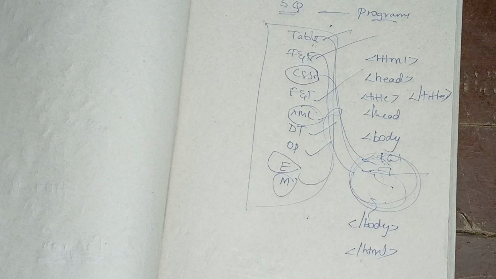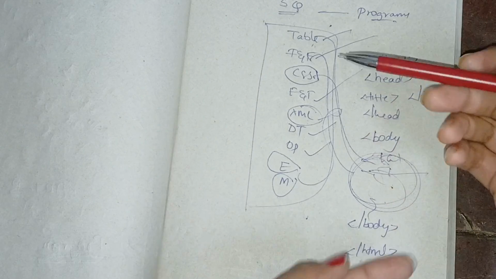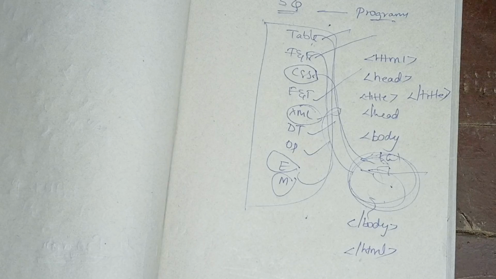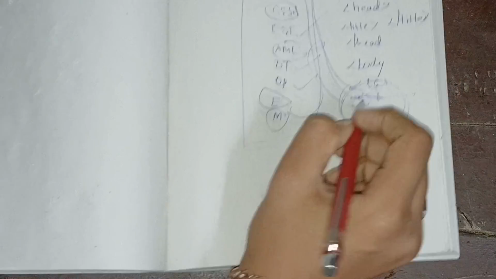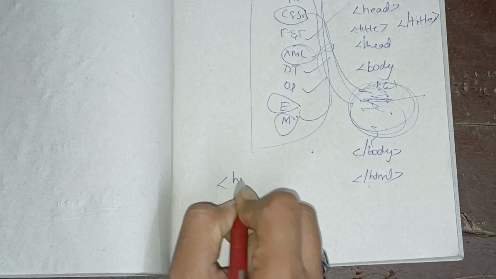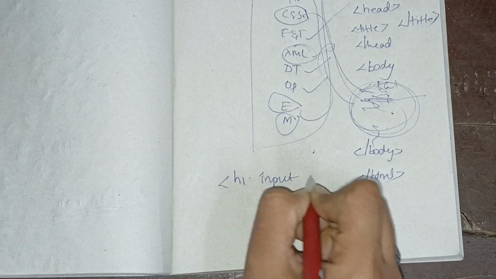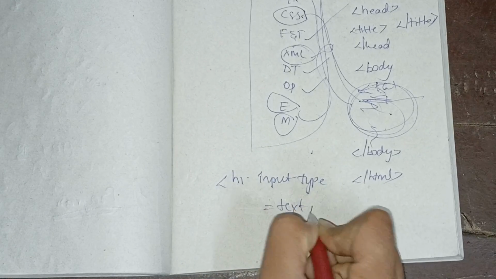Then what I am saying is, just remember this basic structure. It is valid for any question. And one more simple tip I can give you is, write something or the other here. For example, here you will have h1, and here you will have input type equal to text or CSS.